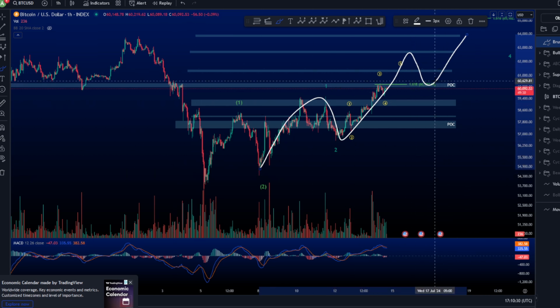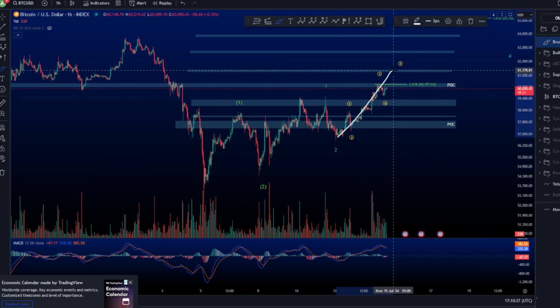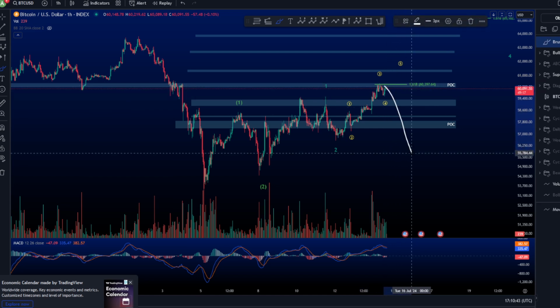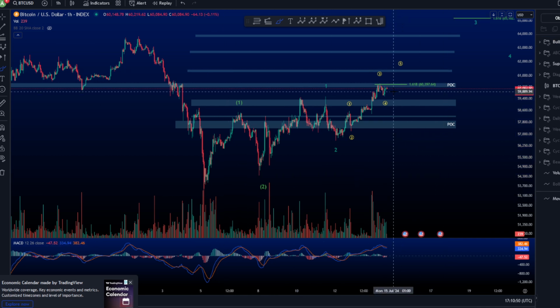And this is the difference, all right. The difference is that when we correct after this wave 3 here, the correction might be very shallow, and not as deep as in the diagonal scenario. So both are bullish.